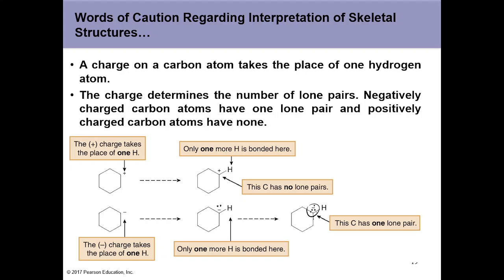That's how it gets 1 negative charge. So the difference you can see on both skeletal structures, above and below: there's nothing shown except the positive and negative. The difference is that they both have 1 hydrogen, but the bottom one has an extra pair of electrons.